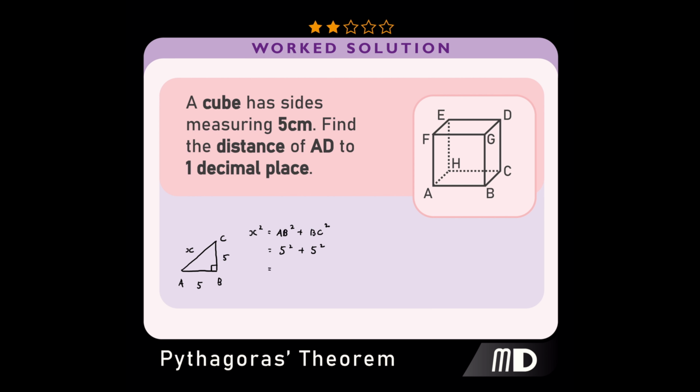So x squared is now equal to 25 plus 25, which is equal to 50. Taking the square root of both sides of the equation gives us x equal to the square root of 50.